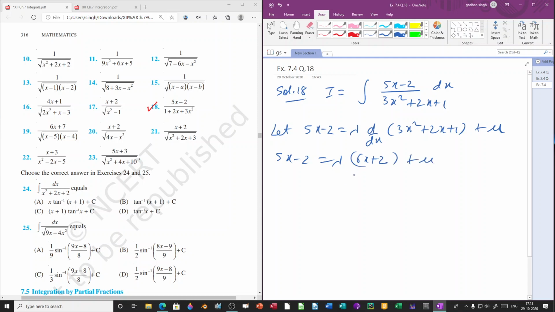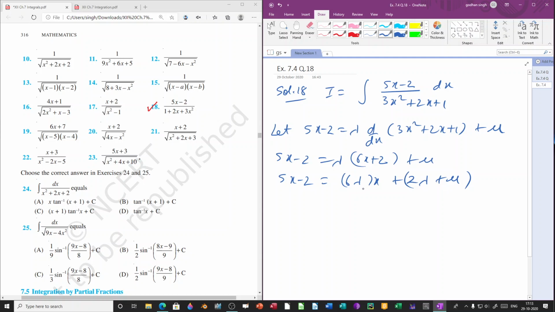Now in this, we have to compare them, but we can do comparison only with x term with x and the constant with the constant. We'll do the separation here on the right hand side. We'll be getting 5x minus 2 equal to 6 lambda into x plus 2 lambda plus mu, that will group together. Now lambda is a constant, mu is a constant, so 2 lambda plus mu will be a constant, and that can be compared with minus 2.